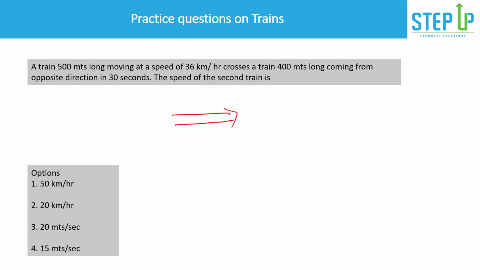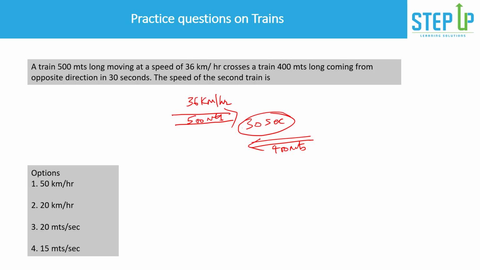Okay, let's imagine this is train 1 and let's say this train is 500 meters long, and let's say there's another train which is, let's say, 400 meters long, and they are saying this train is running at 36 km per hour, and they take, let's say, 30 seconds to cross each other.